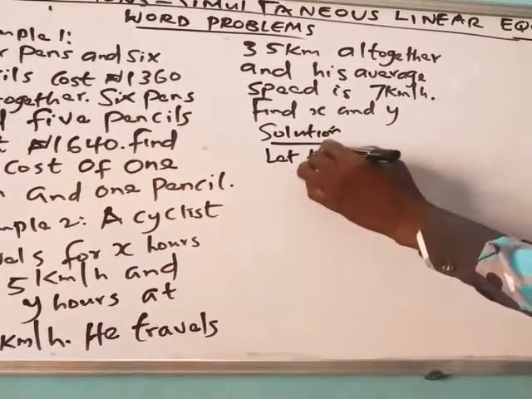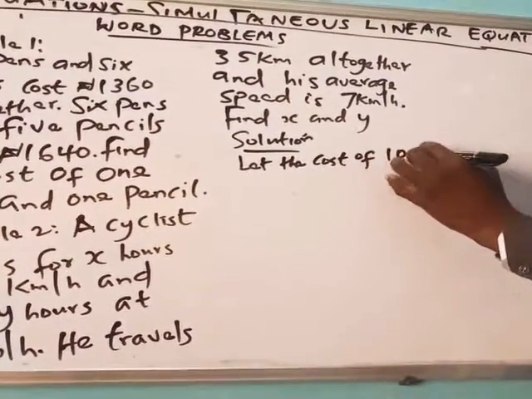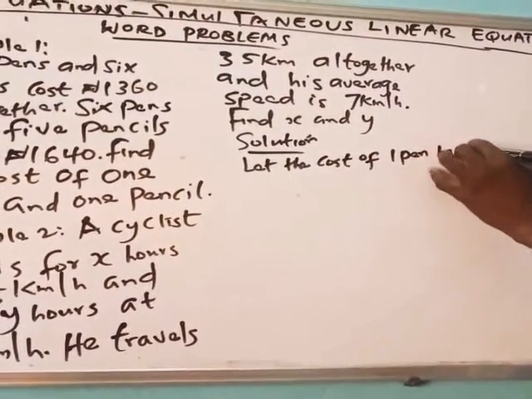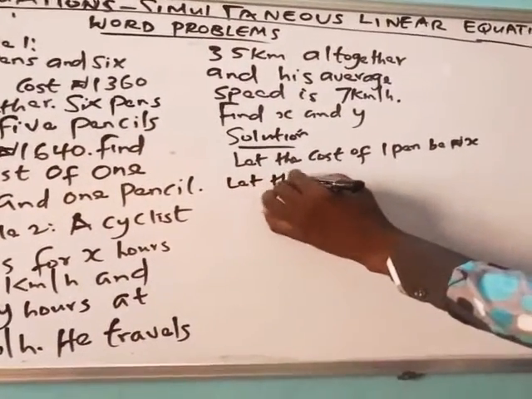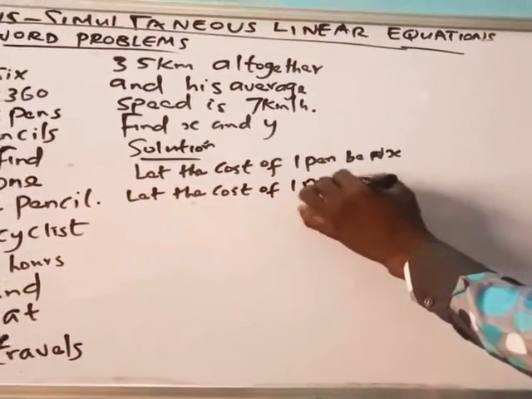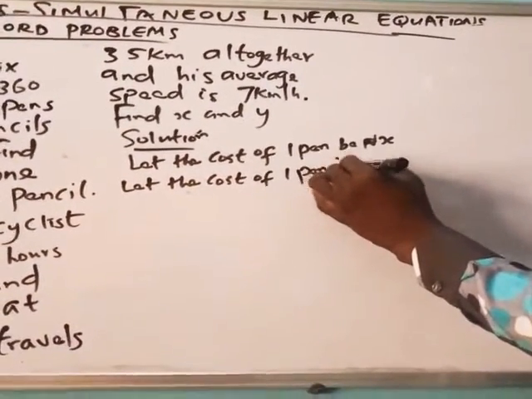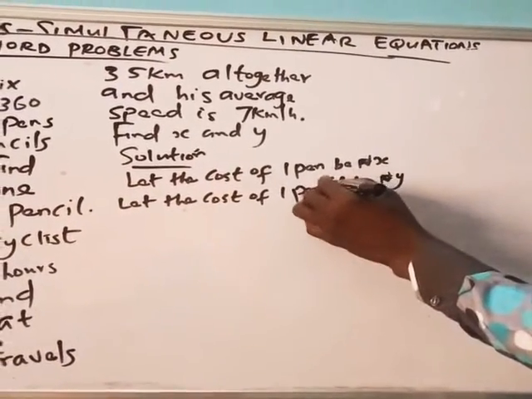Let the cost of 1 pen be X naira, and let the cost of 1 pencil be Y naira.